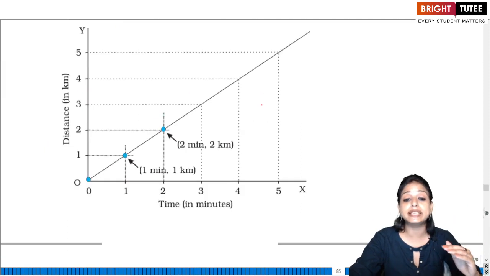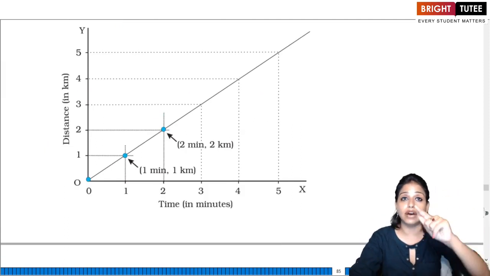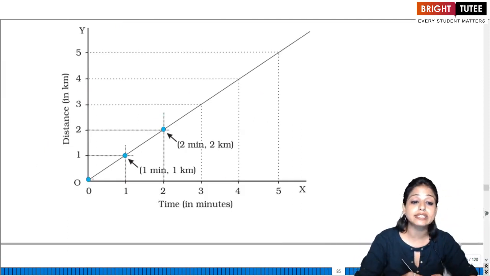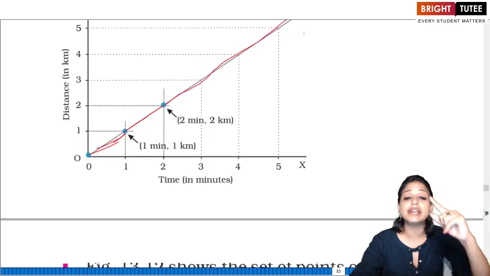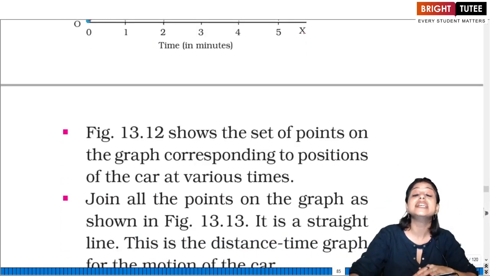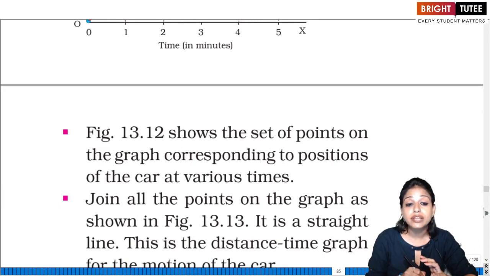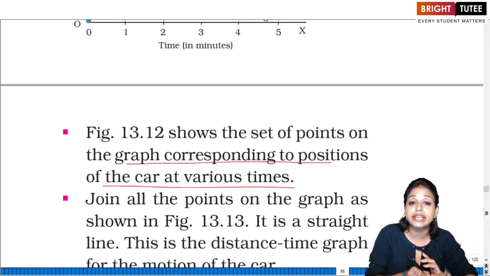So you will see that on making the graph, when you join all these points together, from 0 to 1 to 2, we are going to make a straight line like this. So this straight line which we are getting shows the set of points on the graph that correspond to the position of the car at various times.